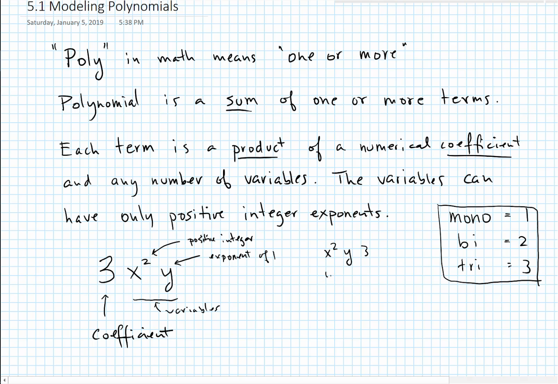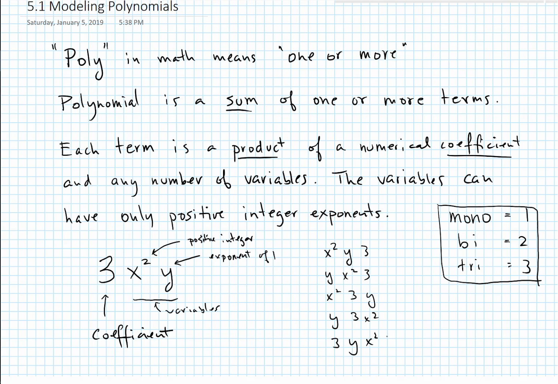We could write it as y x squared 3. We could write it as x squared 3y, y 3x squared, and 3yx squared. In fact, with these 3 components, the number 3, x squared, and y, there's 6 different ways we could put them all together.